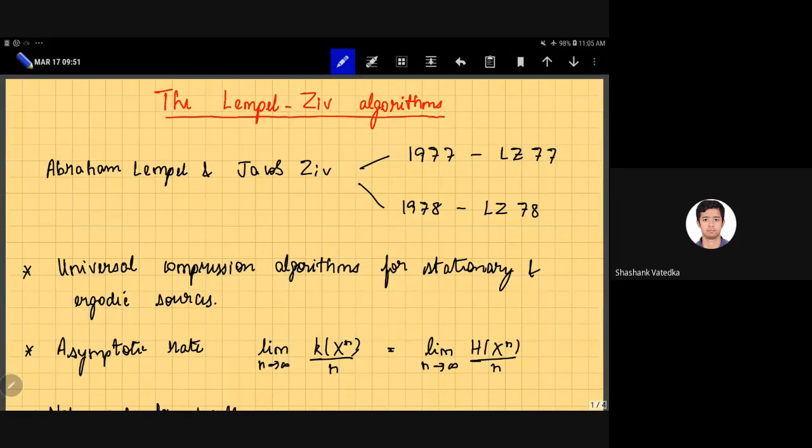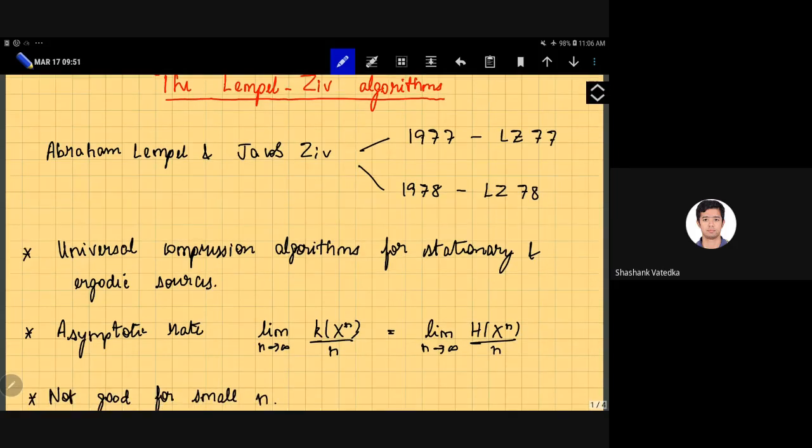But at the same time, it is also universal in the sense that it does not require the true probability distribution as the input. So irrespective of what the sequence is, irrespective of what the true distribution is, as long as you have a large enough file, as long as n tends to infinity, the asymptotic rate always tends to the entropy rate.